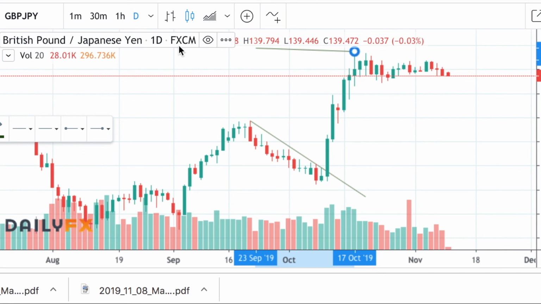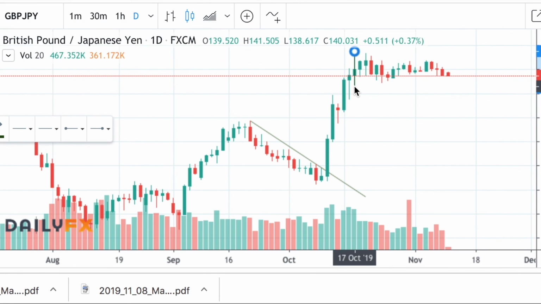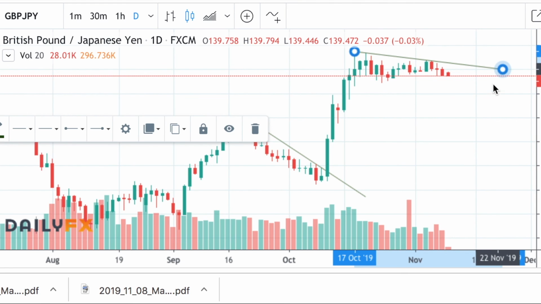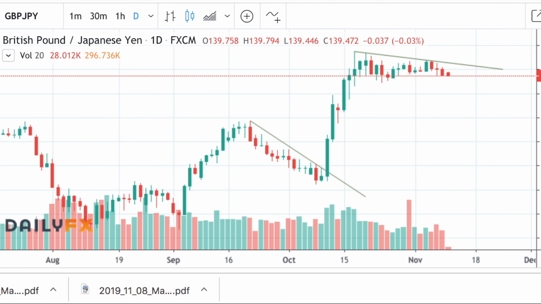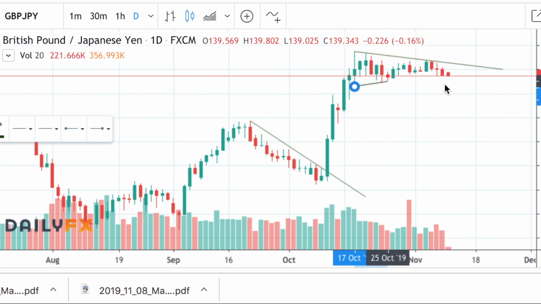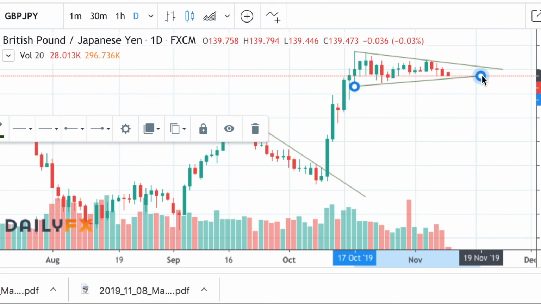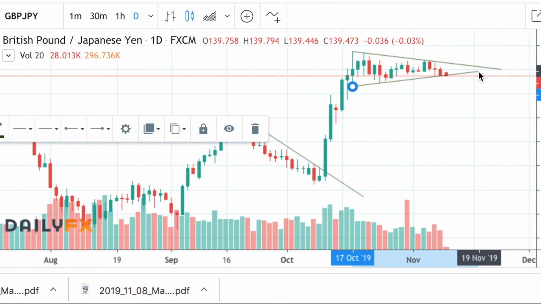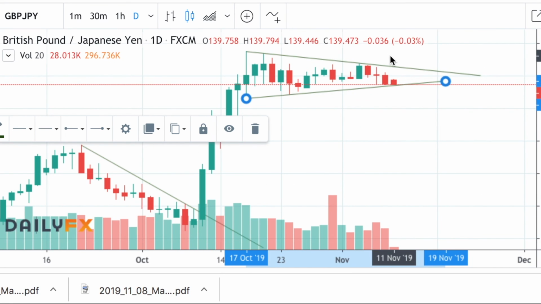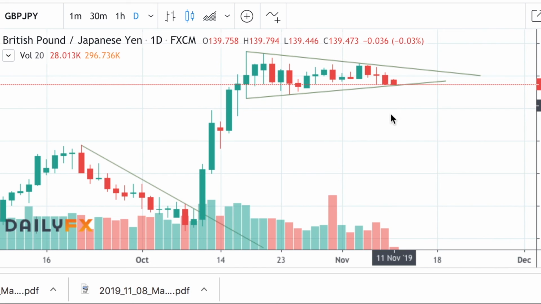It's either going to go up above that trend line, or it's going to go below this trend line here. It's going to go up like that or down like that. We don't know which.